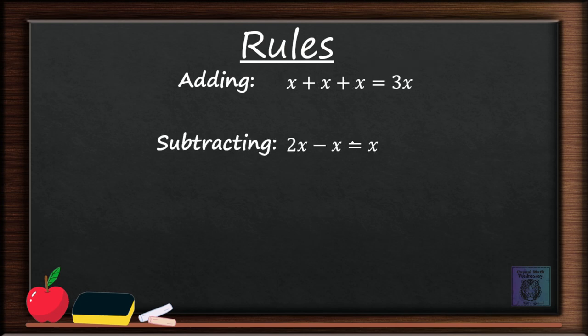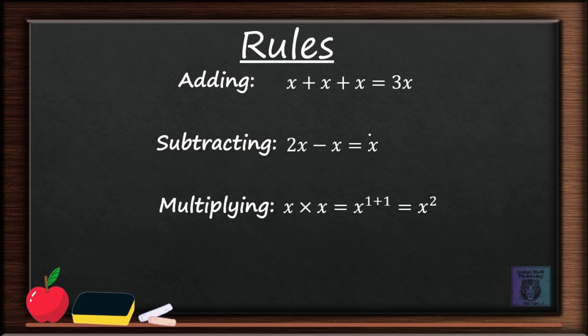If we look at the subtracting, it's the same, so it would be a 2 minus a 1, which would be an x. If we look at the multiplying, so if we also look at x, you'll realize in math there's always some hidden numbers everywhere.